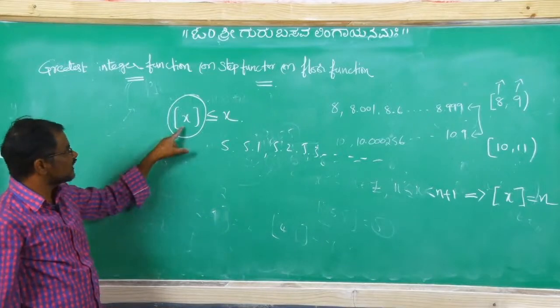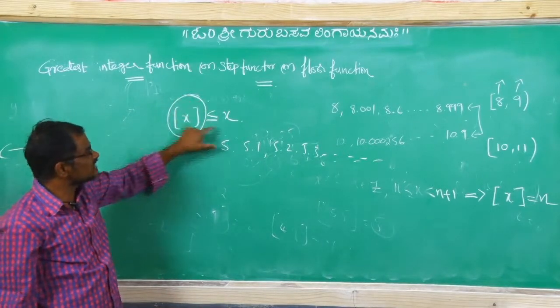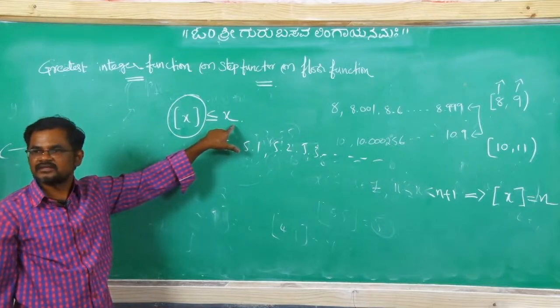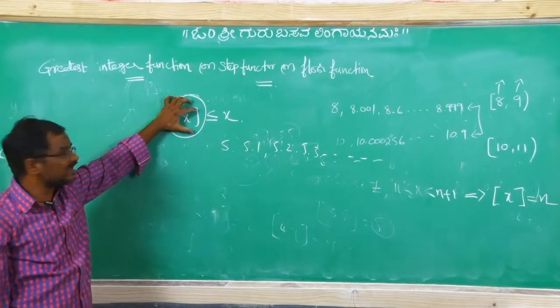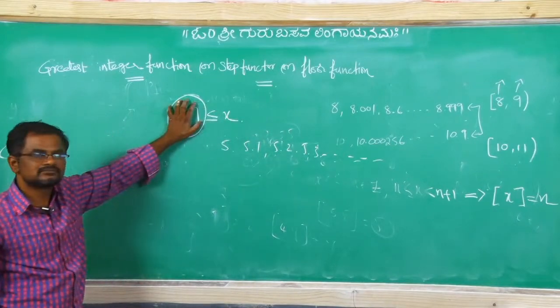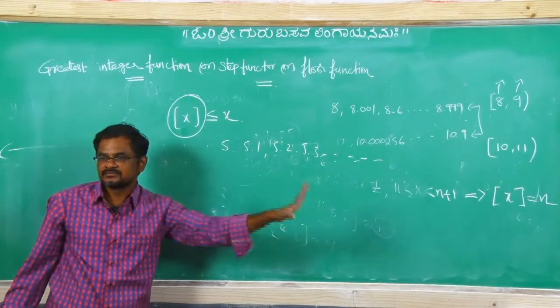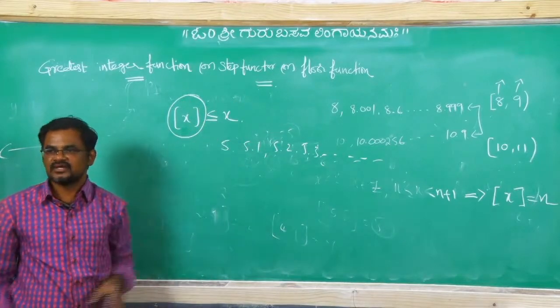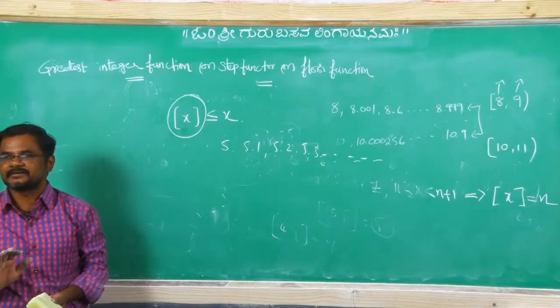Now if you take 5, the greatest integer of 5 is 5. It is not less than but equal to x. For 5.1, the answer 5 is less than or equal to 5.1. For 5.5, 5 is less than or equal to 5.5. Satisfied? Like this we have to take. The greatest integer function is less than or equal to the given real number.